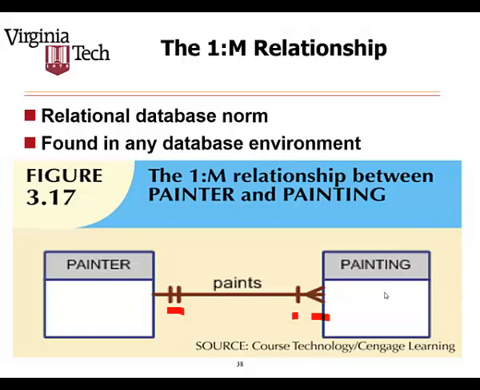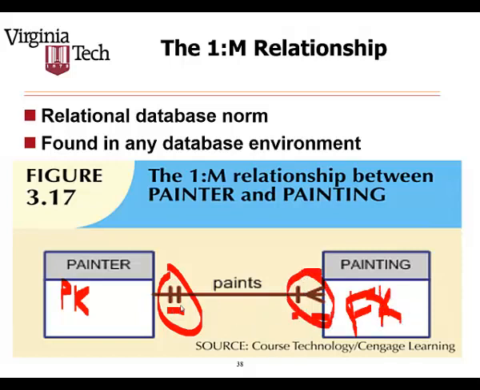So if we store the value of the foreign key of the painter in painting, then we will be able to identify for every instance of painting the matching instance of painter. That is a one-to-many relationship where the primary key on the side of the one becomes a foreign key on the side of the many. And that's how they're implemented.